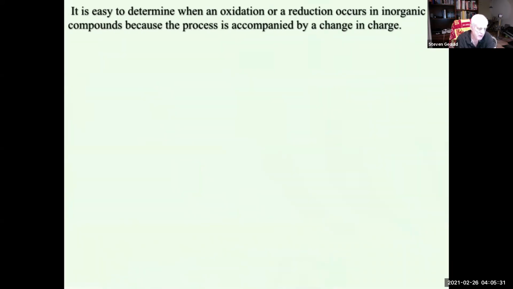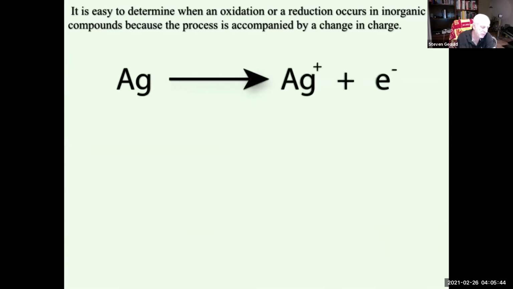Okay, so an oxidation reduction occurs in an inorganic compound. The process is accompanied by a change in charge because you're moving electrons, which is electricity. It's charges, and you're transferring electrons from one to another. Like silver breaks down to Ag plus an electron. Okay, so this has lost an electron. It's been oxidized.